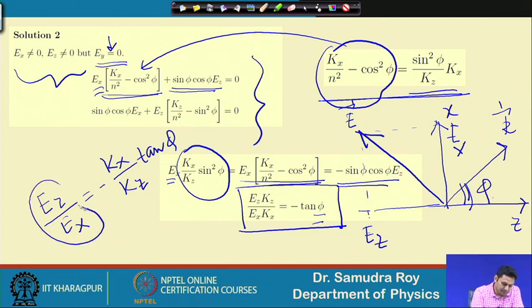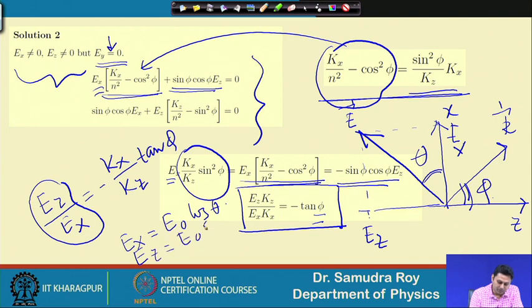If I say this angle is theta, then Ex is nothing but E0 cos theta and Ez will be E0 sin theta, and since this is on the negative side, I can put a negative value here.